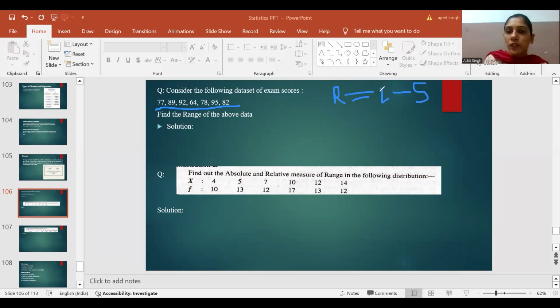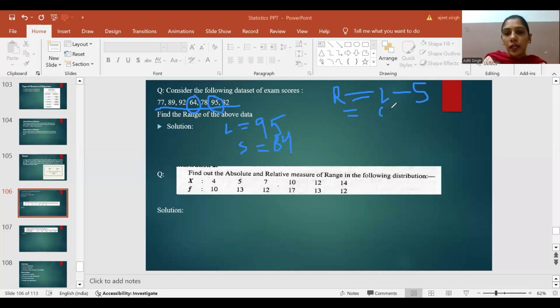We denote the highest value with L and the smallest value with S. In this question, the highest value is 95 and the smallest value is 64.